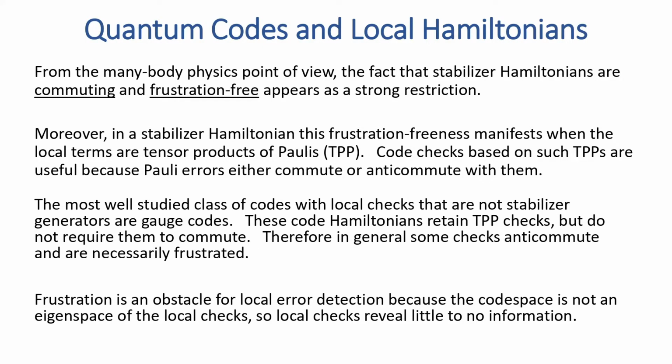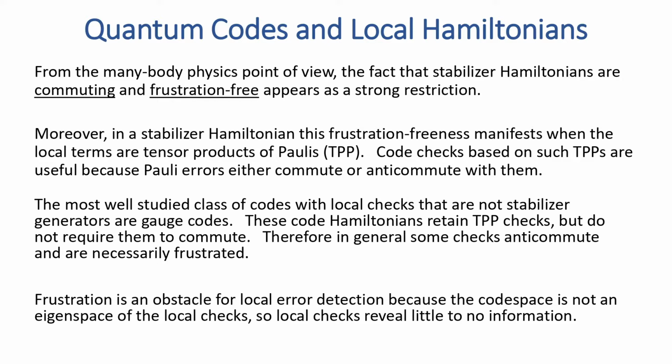So as I was saying, at least from a many-body physics point of view, the fact that stabilizer Hamiltonians are commuting and frustration-free, those are two strong restrictions. And in fact, another condition to pay attention to is that frustration freeness is saying that the global ground state is the ground state of each local term.